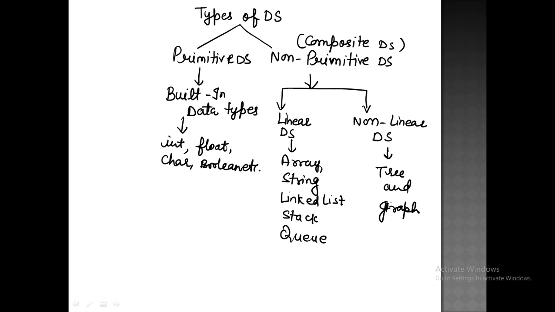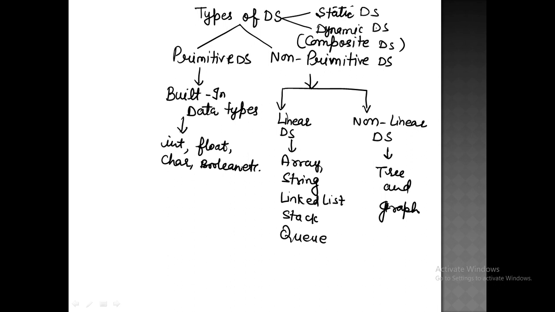Or we can say that data structure is also divided in two parts: static data structure and dynamic data structure. Static data structure is a type of data structure where size is allocated at compile time.